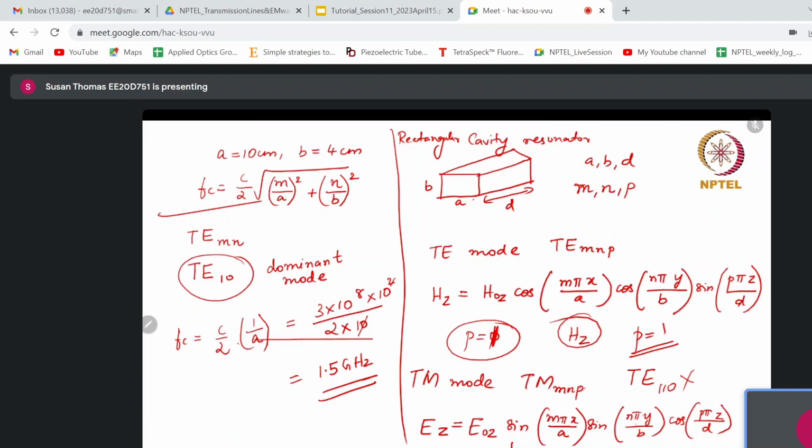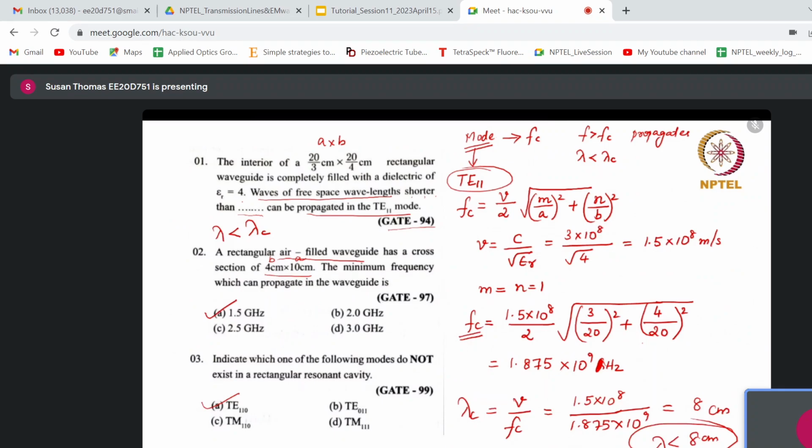It can never be 0. So in both the options, M and N are 1, so these two will exist. But in this one, the last digit is 0, so P is equal to 0.